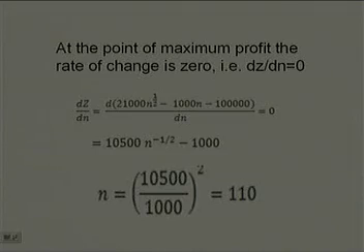So, that we achieve by using the simple concept of calculus, which says that at the point of maximum profit the rate of change is 0, that is my dz by dn is equal to 0. Now, if you calculate dz by dn, you will find you are getting a value of n equal to 110.